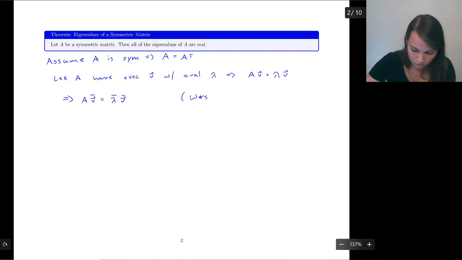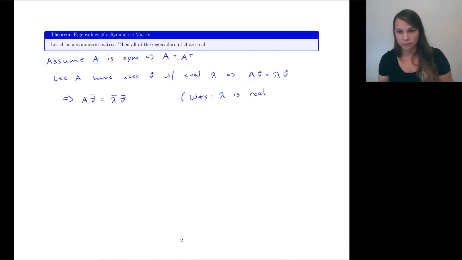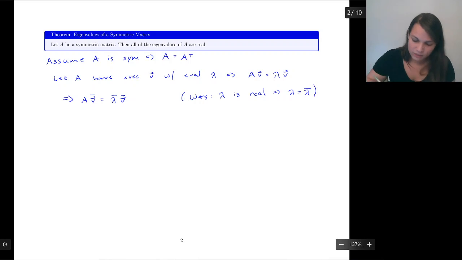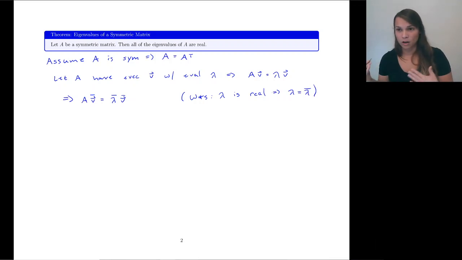We want to show lambda is real. How can we show it's real? If lambda equals its own complex conjugate. The only way for lambda to equal its complex conjugate is if there is no imaginary part. So that's where we're going to try and go with this.